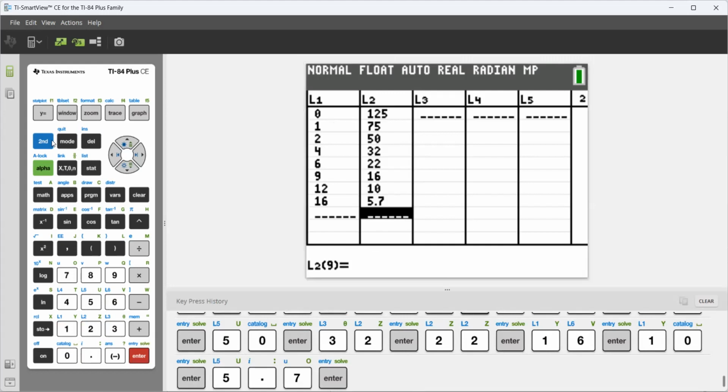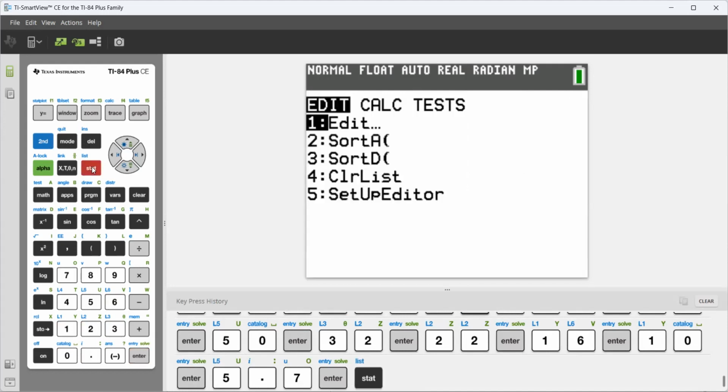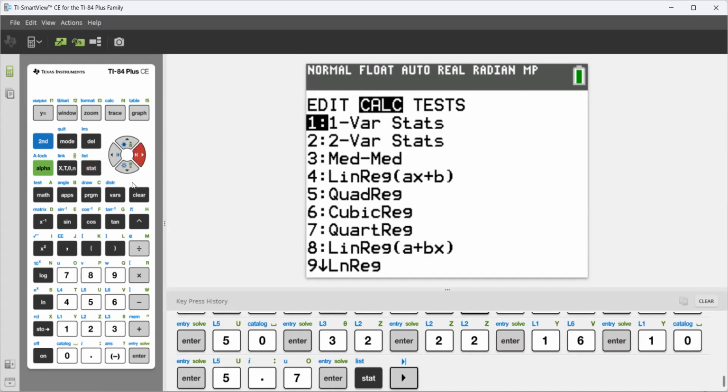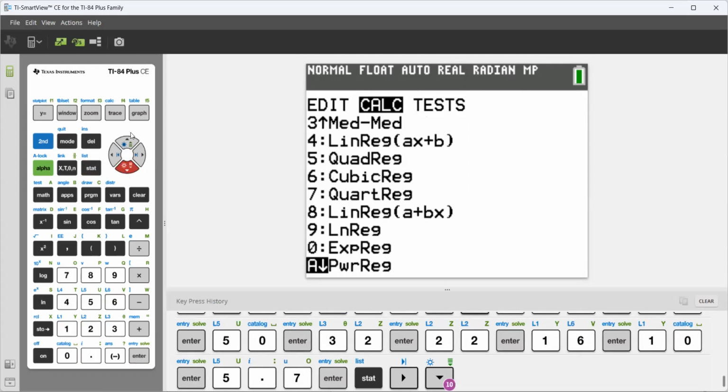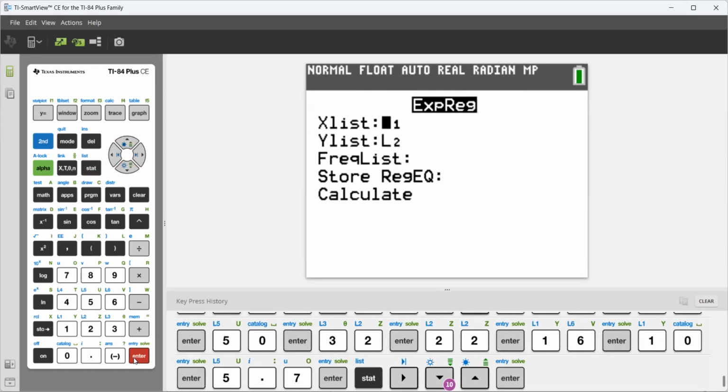Now, I'm trying to find my exponential regression equation. So I could go start before going to the graph and go to calculate. And then I'm going to go down, down, down, down, down, down, down. Oh yeah, there it is. Exponential regression. Enter, enter, enter, enter. Now, if you want to store the equation in y, you could do that.